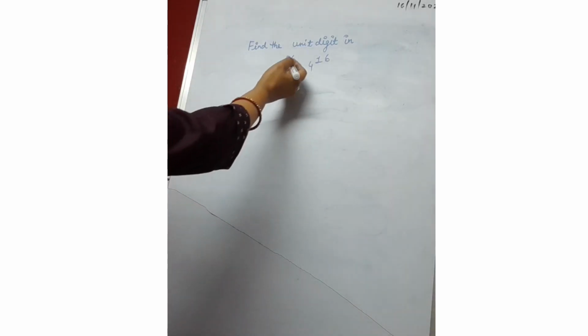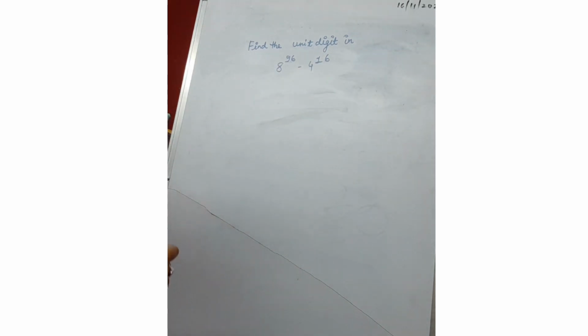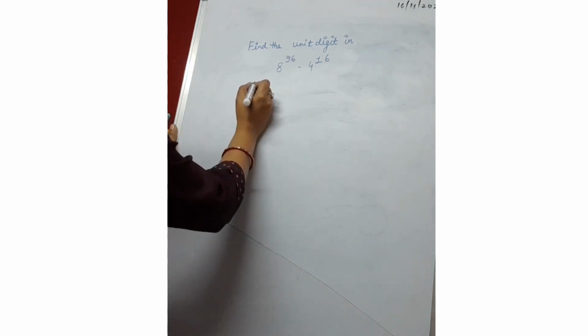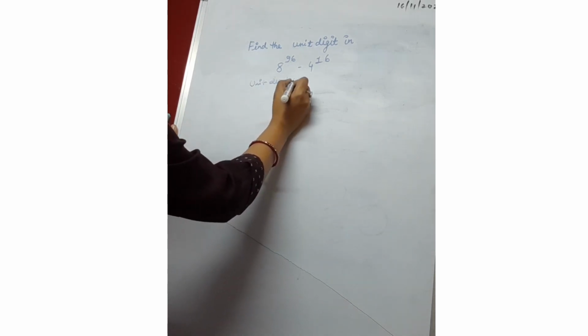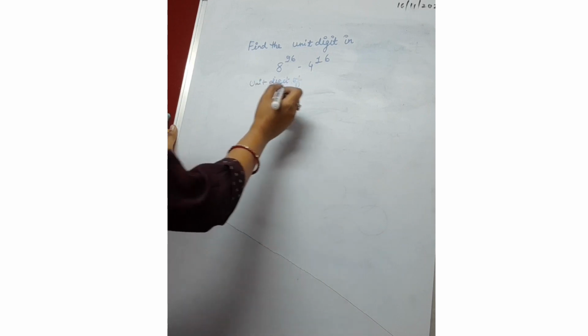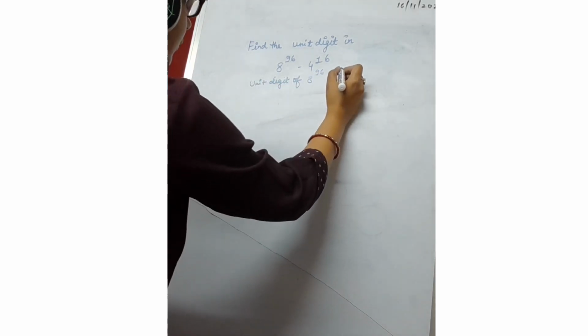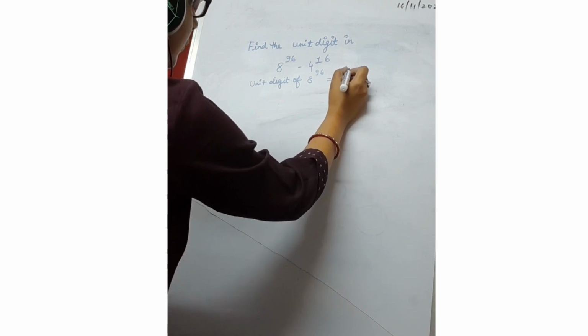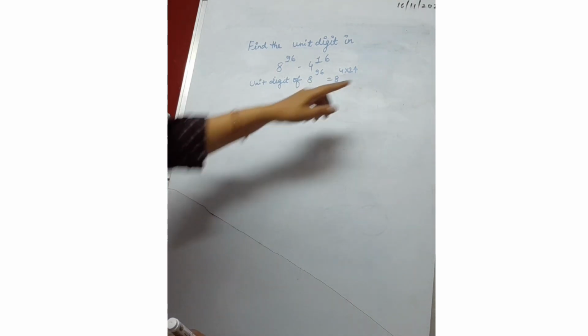Here we have to find the unit digit of 8 to the power 96 and 4 to the power 16. The unit digit of 8 to the power 96 is 8 to the power 4 into 24.